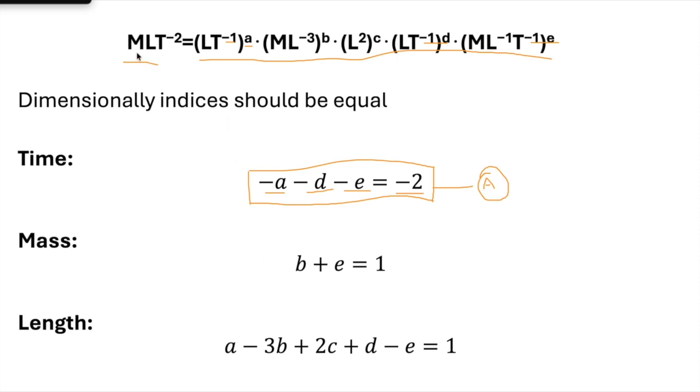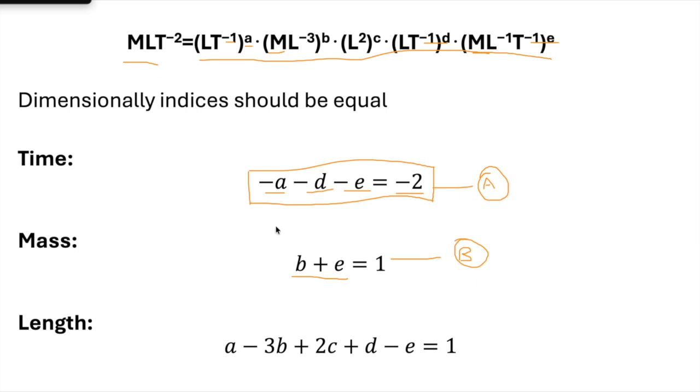Here the index of mass is 1, therefore I write 1 here. And then for the right hand side I will write B and E. So B plus E equals 1. That will be my B equation.